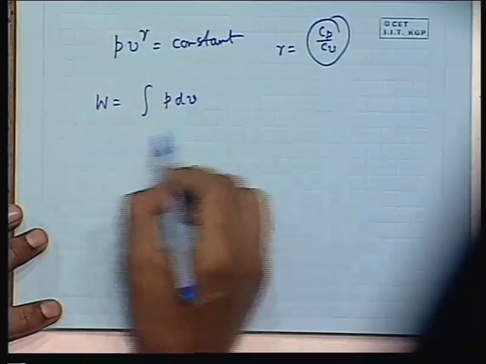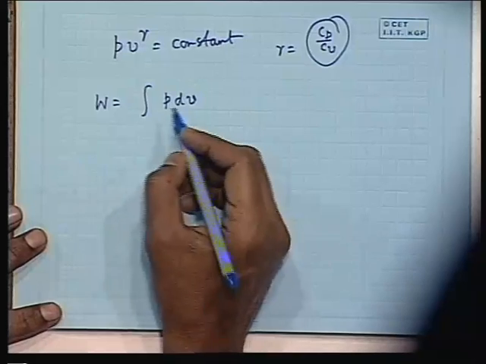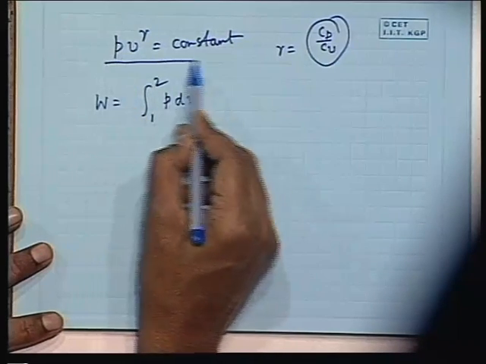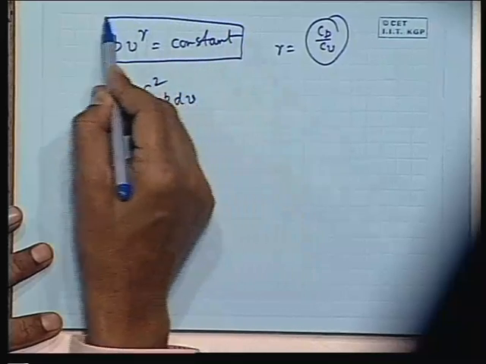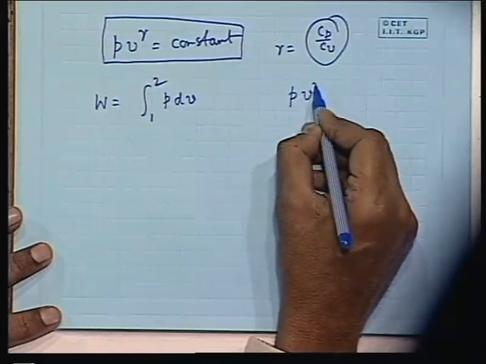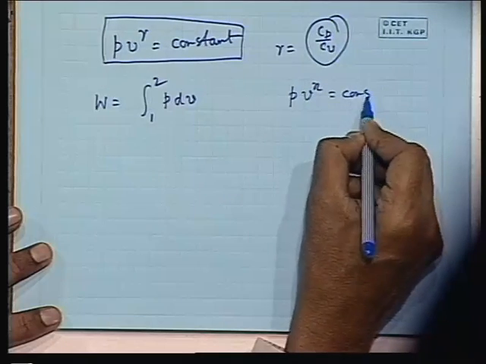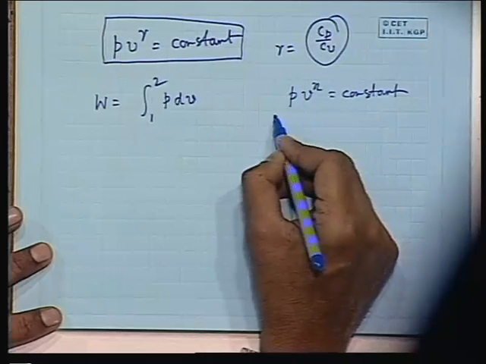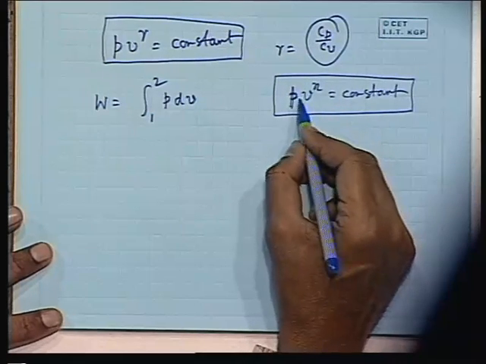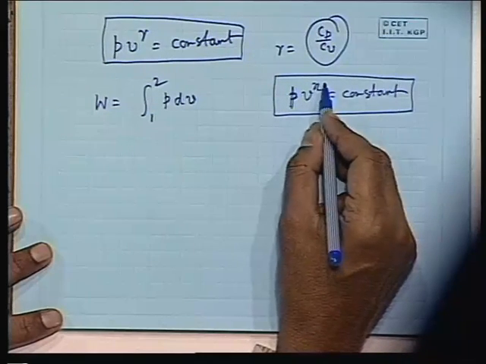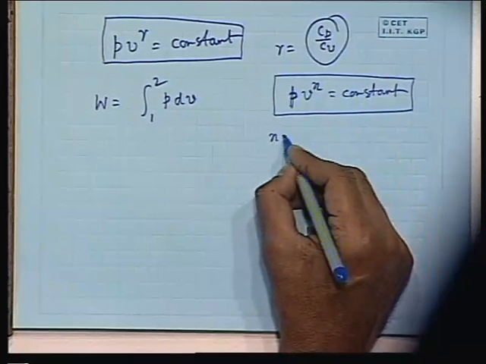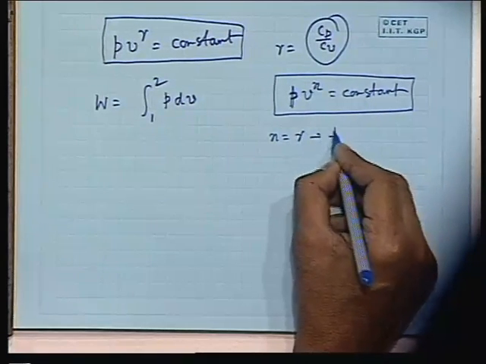If we have to evaluate this integral from state point 1 to 2, and you have a relationship like this, then for all other reversible processes it is sometimes possible to express the PV relationship as PV to the power n equal to constant, where n has any value. When n is equal to gamma, the process is isentropic. Okay?